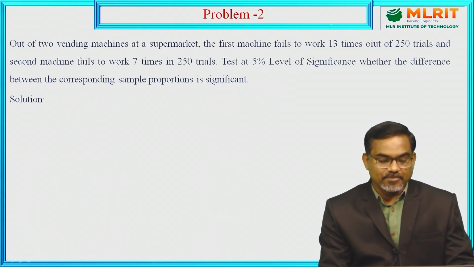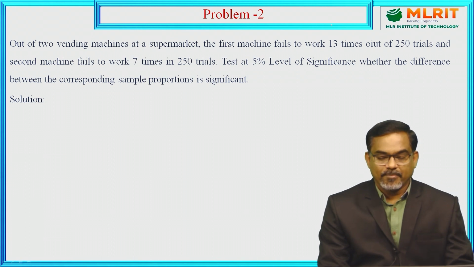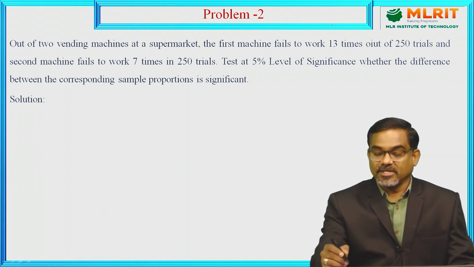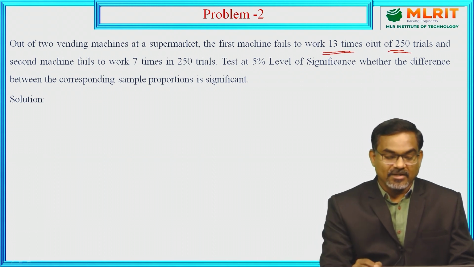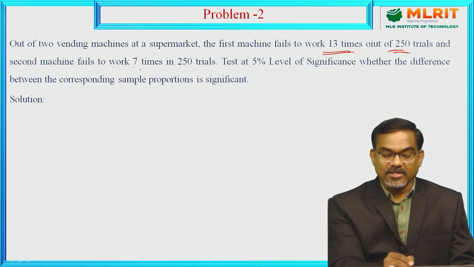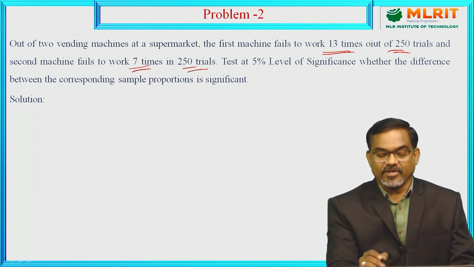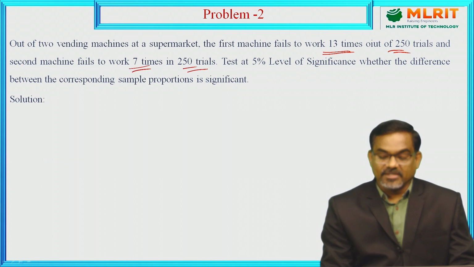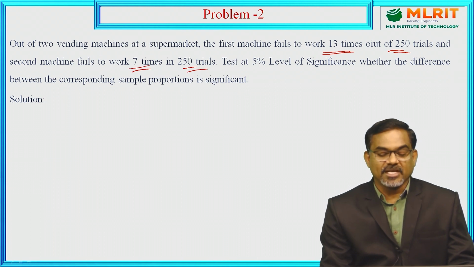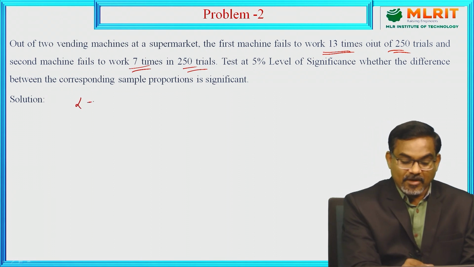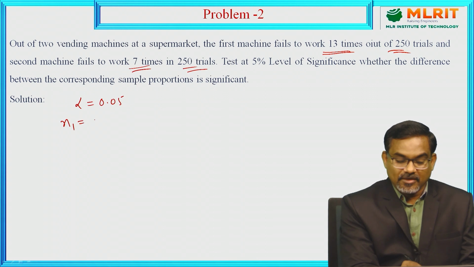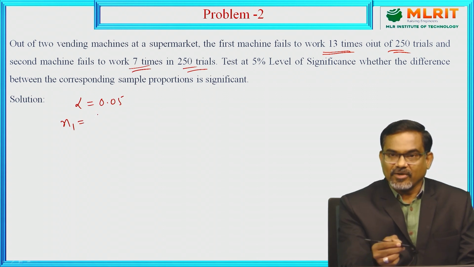And coming to the next problem: in a supermarket there are two vending machines, in which the first one fails to work 13 times out of 250 trials, and the second machine fails to work 7 times out of 250 trials. Test at 5% level of significance whether the difference between the corresponding sample proportions is significant or not. So here alpha is again given as 0.05, and there are two populations, and from them we have considered two samples.